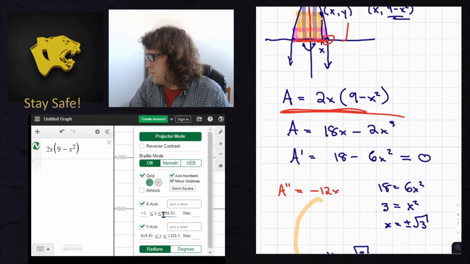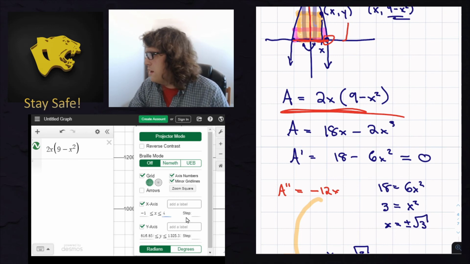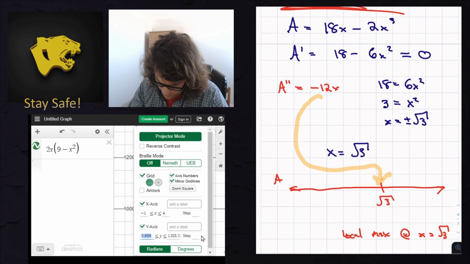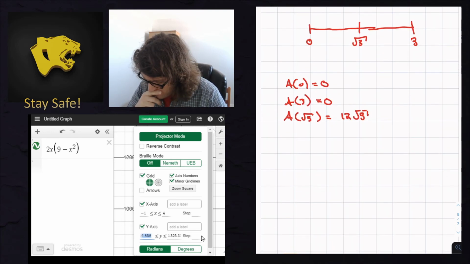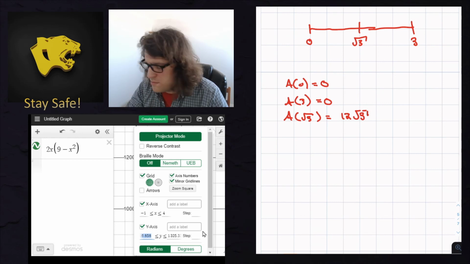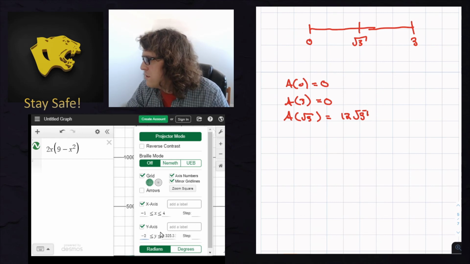So I'm just going to put -1 to 4. And then for my y values, I know that it was 12 root 3. So 12 root 3 would be kind of like 30-ish maybe. So I'm going to go just -2 to 30.